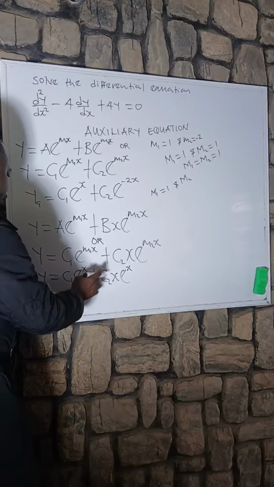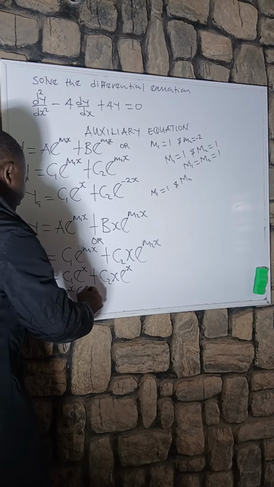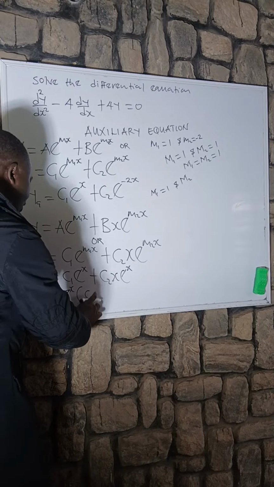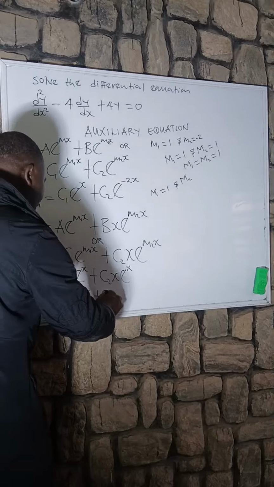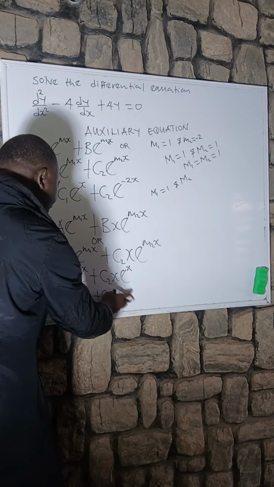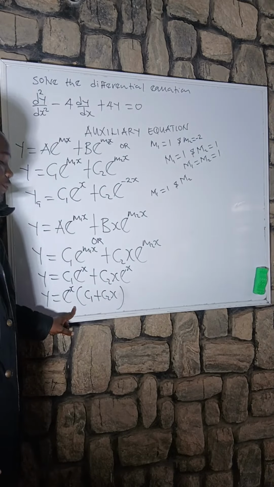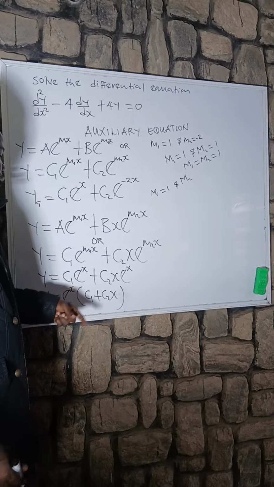This is the same thing, since exponential x is common. We can factor it out: c1 plus c2x. So this and this, they are all the same thing.